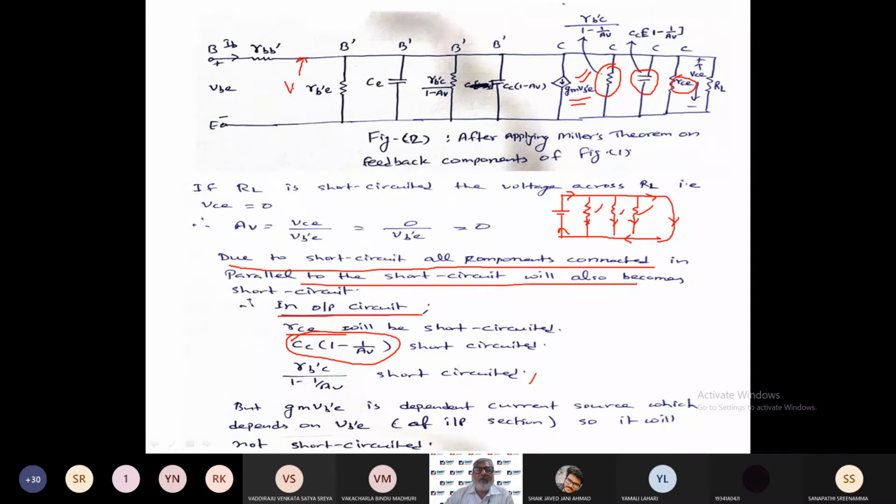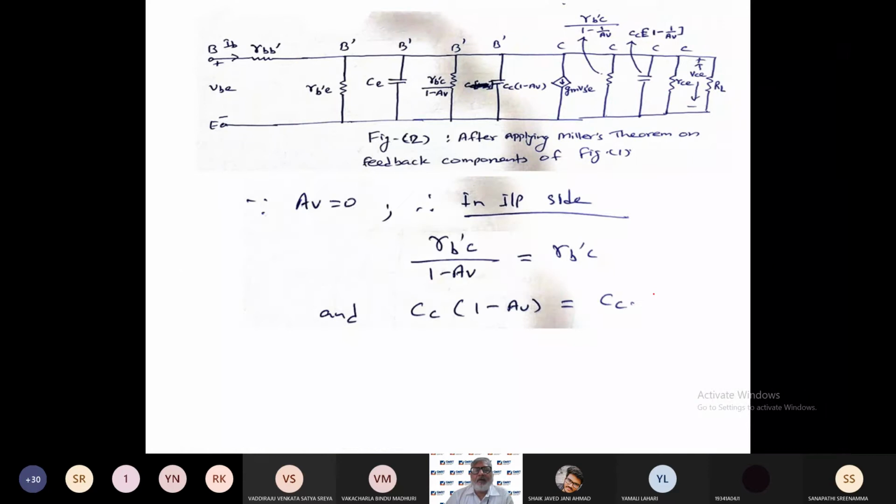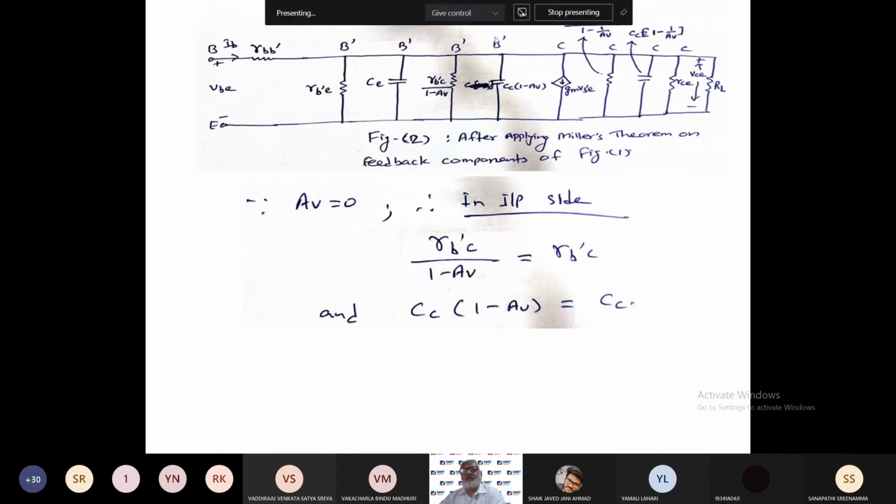This voltage is at the input side, so this current source depends upon a voltage at the input side, so this will not short circuit. Otherwise all these three components will be short circuit, okay. So if they short circuit, then how the circuit will look, we will draw the circuit diagram afterward.